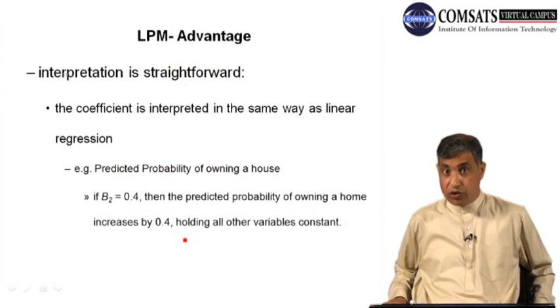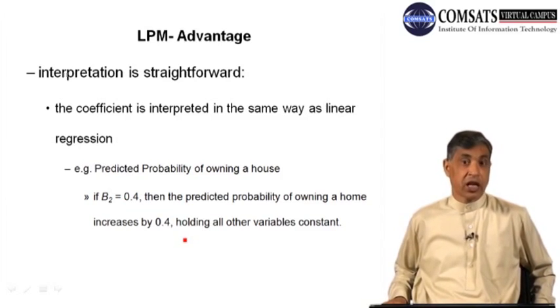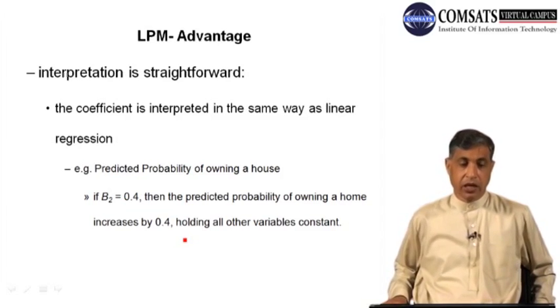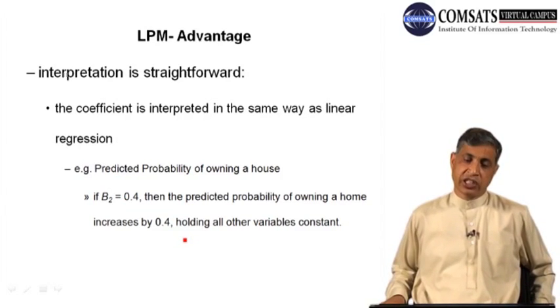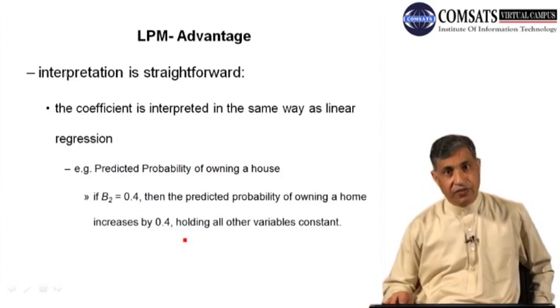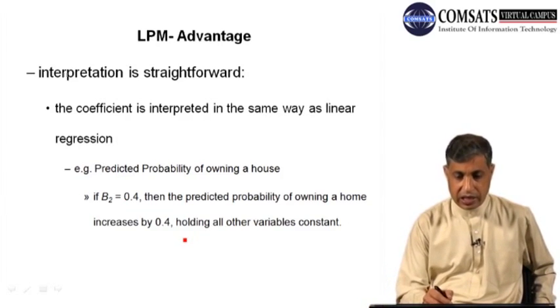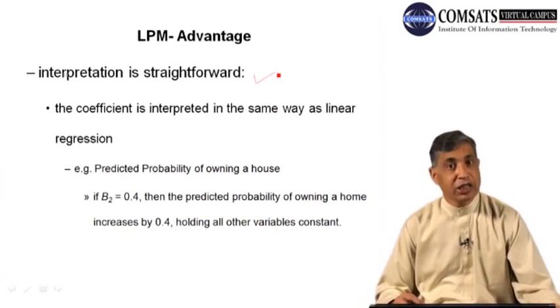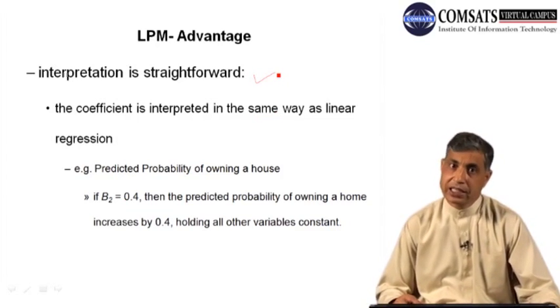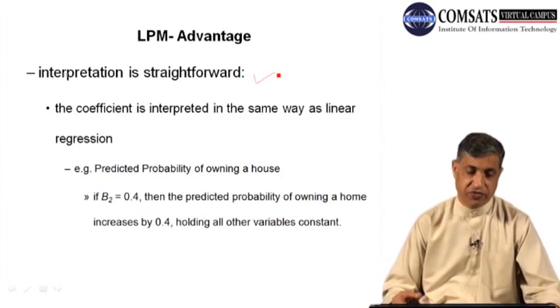After this, I am not forgetting that I have to tell you what problems it faces when we are using OLS, the ordinary least squares method. The interpretation is straightforward. One of the advantages of the linear probability model is that its interpretation is simple and almost similar to the previous one.